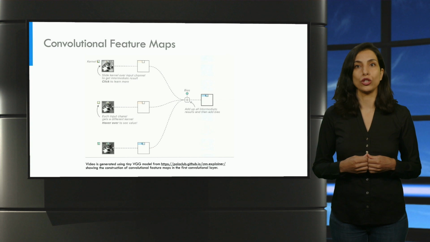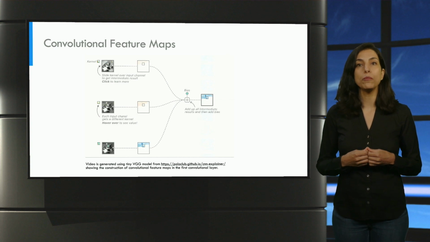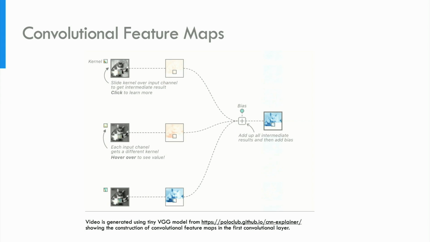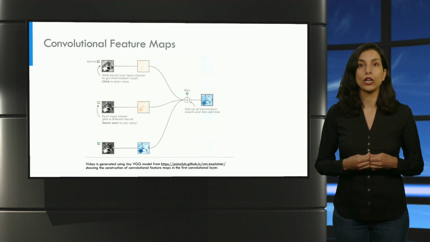In the animation, you see how the image is inputted as RGB channels to the CNN. The small kernel slides over the input channel. This is a 2D convolution over the input image that creates a convolutional feature map for the first layer. Next, the bias term is added to compute the linear operation and the final feature map.